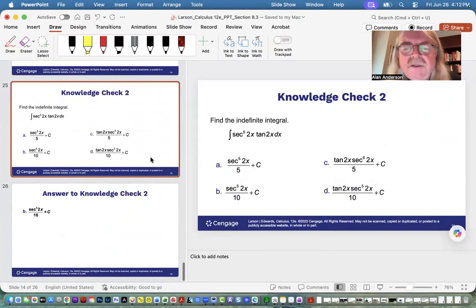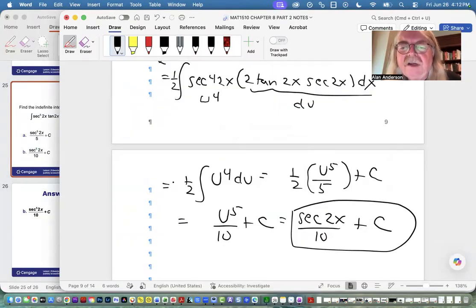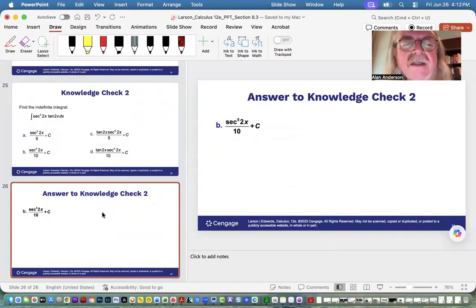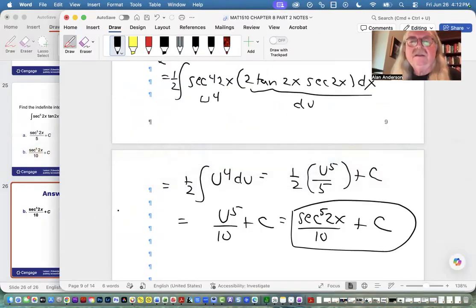So we're going with, oh, I forgot the 5. Sorry, this is to the fifth. There we go. Secant fifth 2x over 10 plus C, which is B, and that is the correct answer. Okay, so we got it.